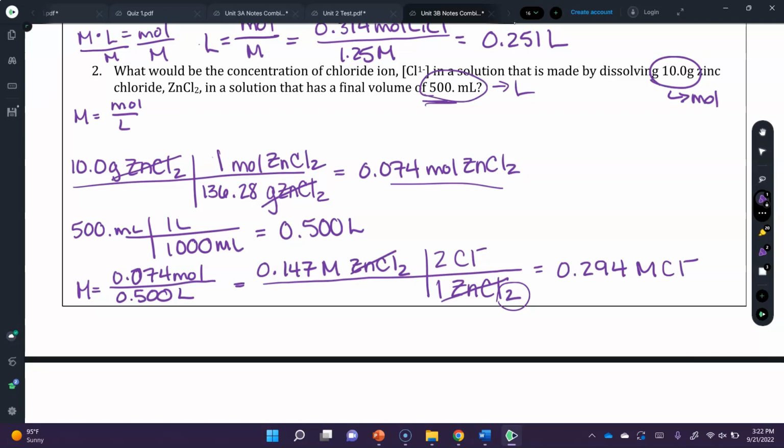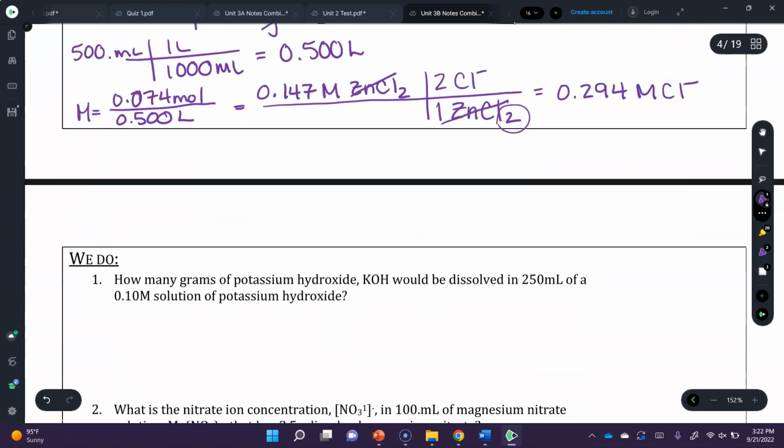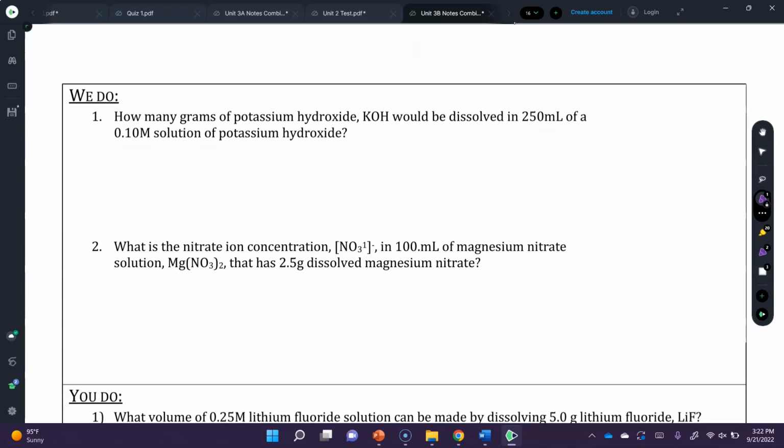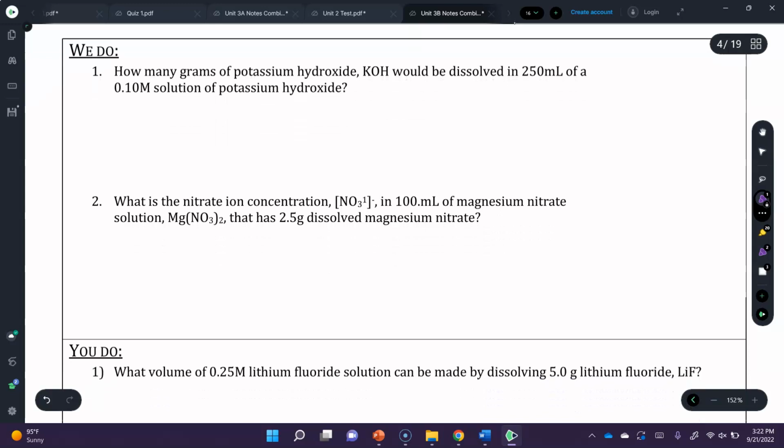Okay. Continuing on, we're going to look at our we-dos. So how many grams of potassium hydroxide would be dissolved in 250 milliliters of a 0.1 molar solution of potassium hydroxide? So we want to know grams, okay, and we have our volume, or a way to get liters, and our molarity, right?